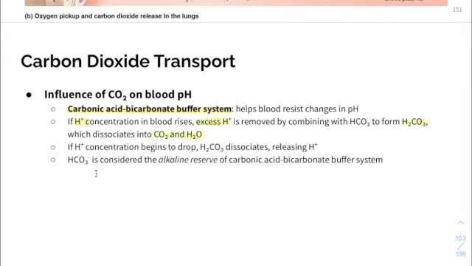But if we don't have enough hydrogen, if our hydrogen drops, we're going to take that carbonic acid and get rid of that hydrogen. So now out of that carbonic acid we have hydrogen ions. We try to keep our levels balanced.